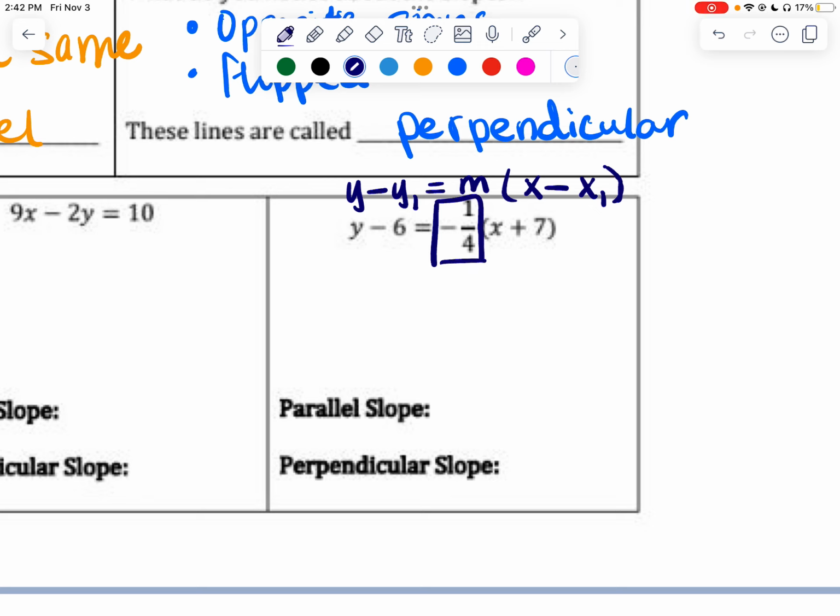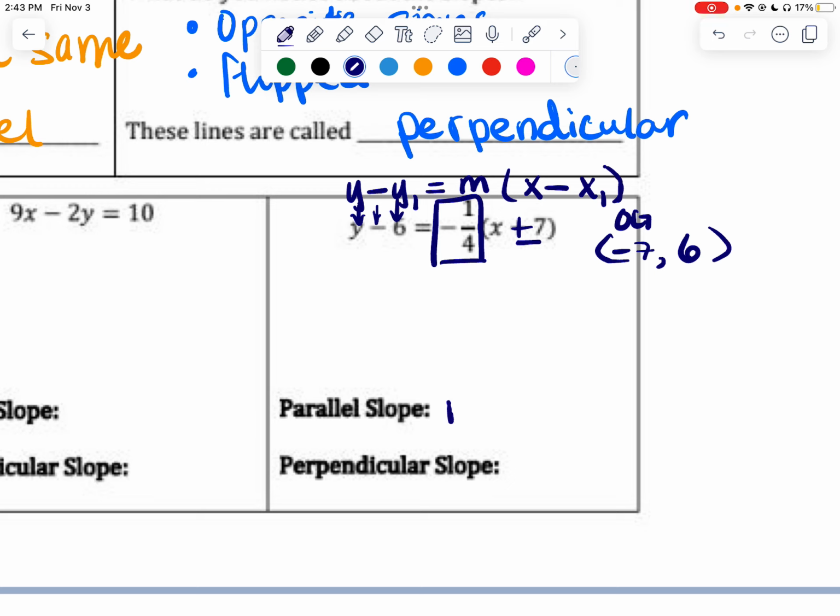To the left of the parentheses x. By the way, if I'm looking for the original point that was used here, it would be -7. That's how I get it to be positive, because my formula usually starts with minus. And this one's just, here's the y, here's the minus. Okay, so the point was 6. But anyways, just this extra little review.